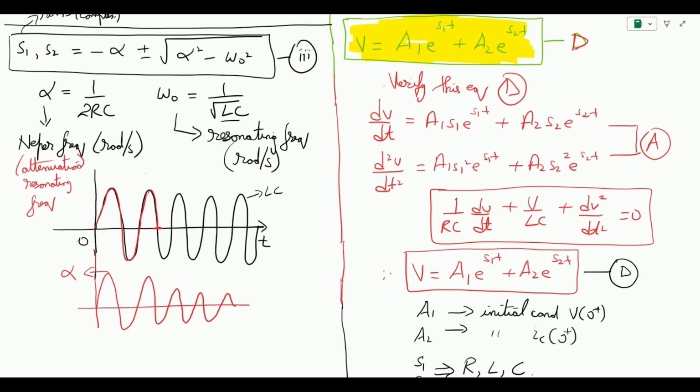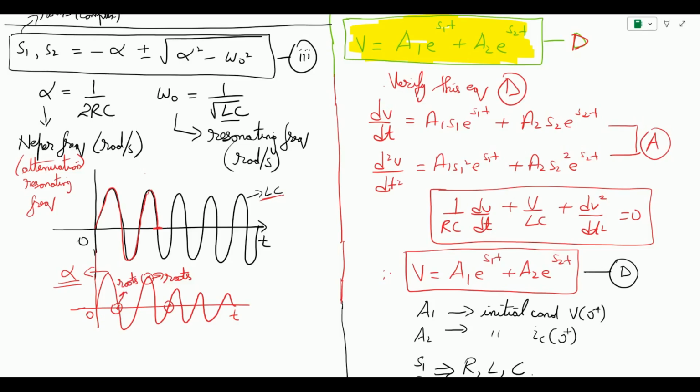So the resonating frequency is the behavior of LC, which keeps on resonating, and alpha is the Neper frequency, which tries to decay the signal in terms of amplitude and bring it back to 0 or the steady state condition. When these two combine, they give us the roots, which are specific points on these sinusoids, and this is something you might have studied when you were learning the quadratic equation.